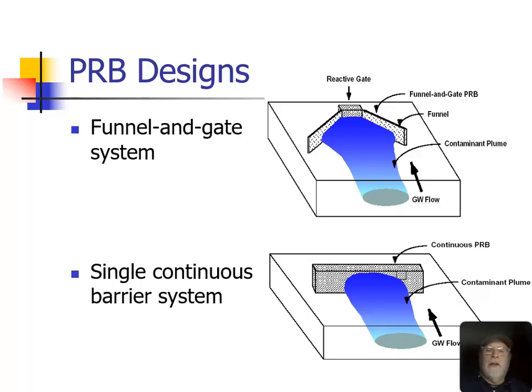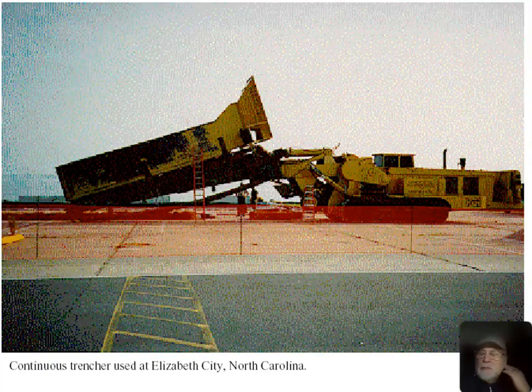They call that the funnel gate system on top, or a single continuous barrier system at the bottom. So I wasn't there when it was installed. I was there before the installation, but this is a trencher putting in the trench where they put iron filings in. And I think it's worked. You can look it up.